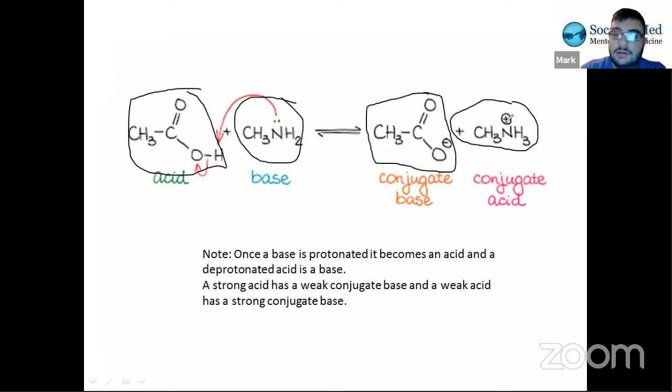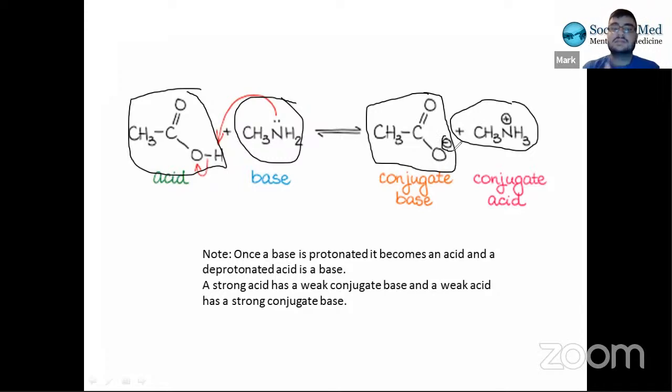Now, if you look at it, this is now an acid because it can no longer accept any more protons. It's already full. But now it actually has an extra proton that it can give away, thus making it an acid. This, again, now has no protons it can give away because it already gave away all its protons, but it has this spot where it can accept a proton now, thus making it a base.